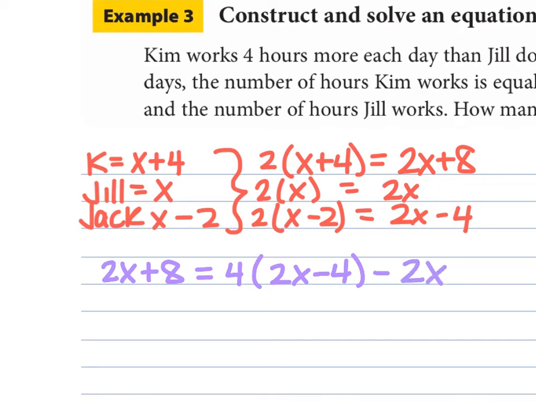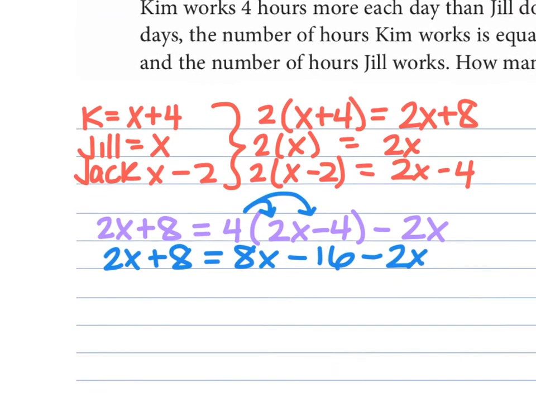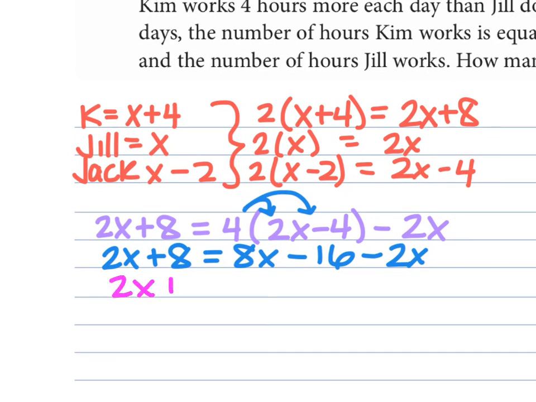The difference, equal to the difference of 4 times. So we've got to do 4 times the number that Jack works minus the number of hours that Jill works. So we're going to distribute this here, and we're going to be left with 2x plus 8 is equal to 8x minus 16 minus 2x. So then the 8x minus 2x is 6x, so 2x plus 8 is equal to 6x minus 16.